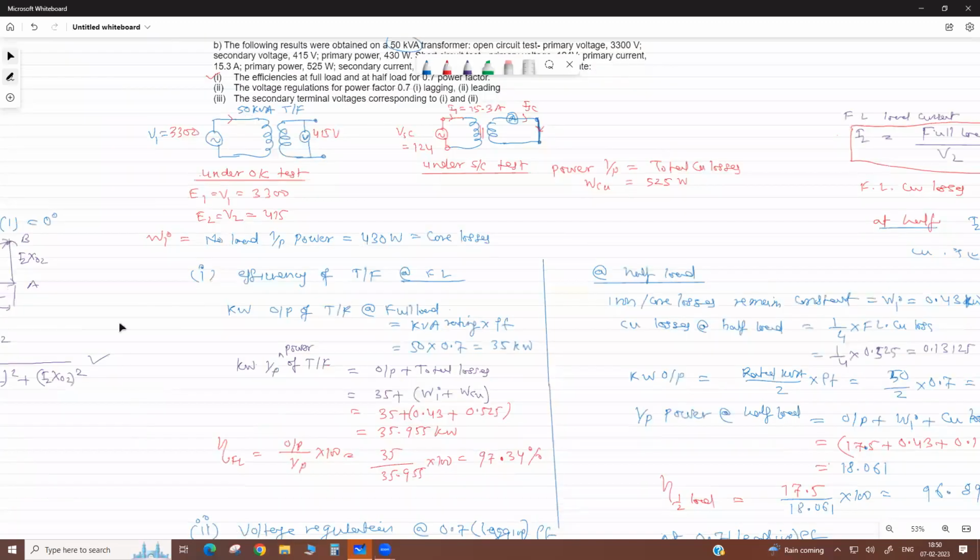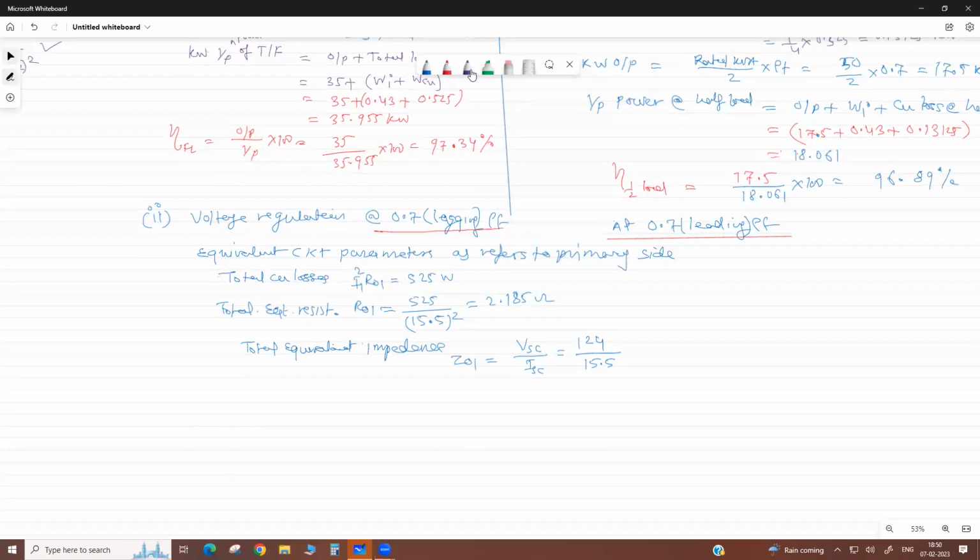15.3. Sorry, this also then changes. This is 3. This is also 3. Then this value will also change. 15.3 all squared.